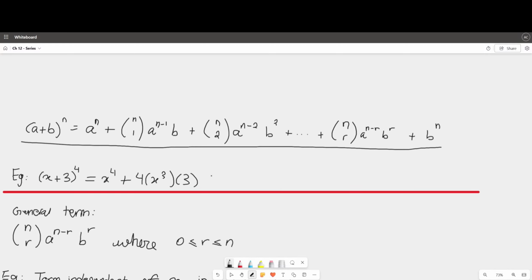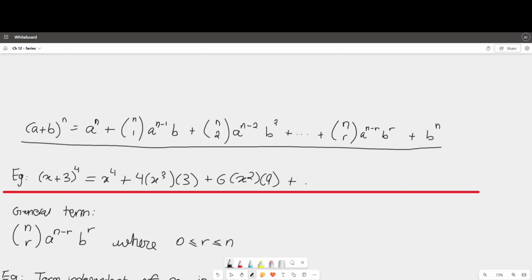Then 4C2 would be 4 factorial, 24, 24 to 12, 12, 6. Okay, 6 x squared and then 3 squared, which is 9.